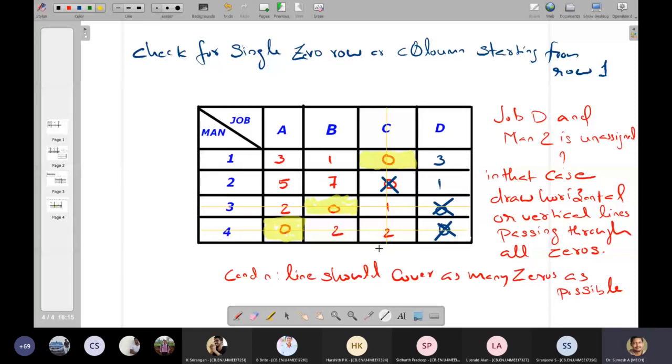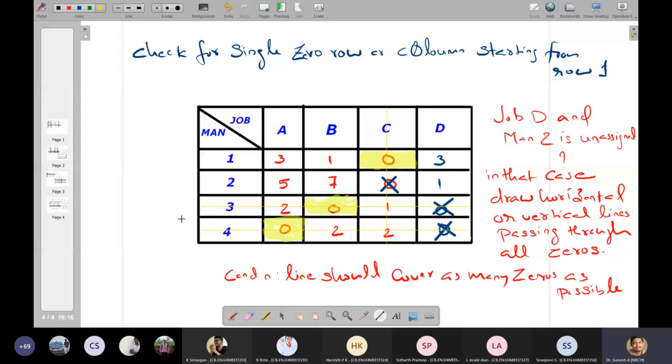Am I right? Is it clear? Is that selection clear? So one more time: I am drawing a horizontal or vertical line, the option is yours. But the only condition is that it should cover as many zeros as possible in a single line.